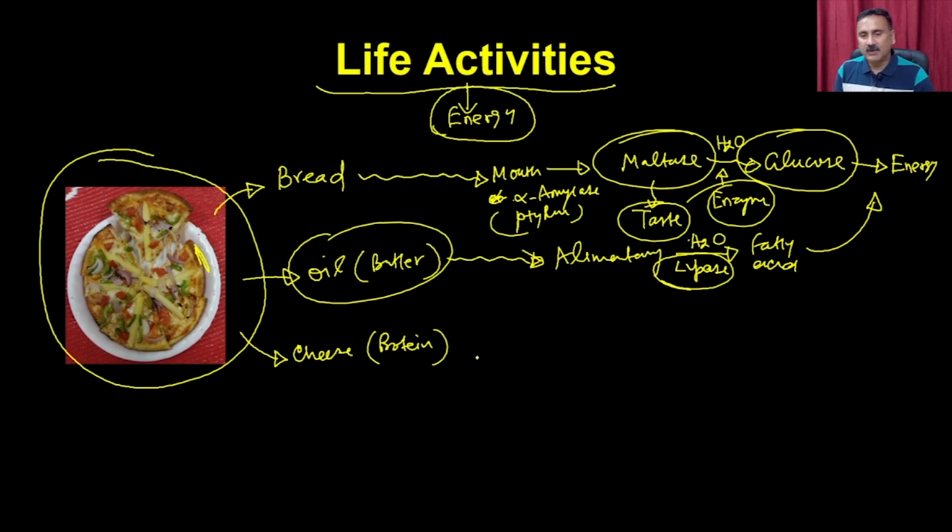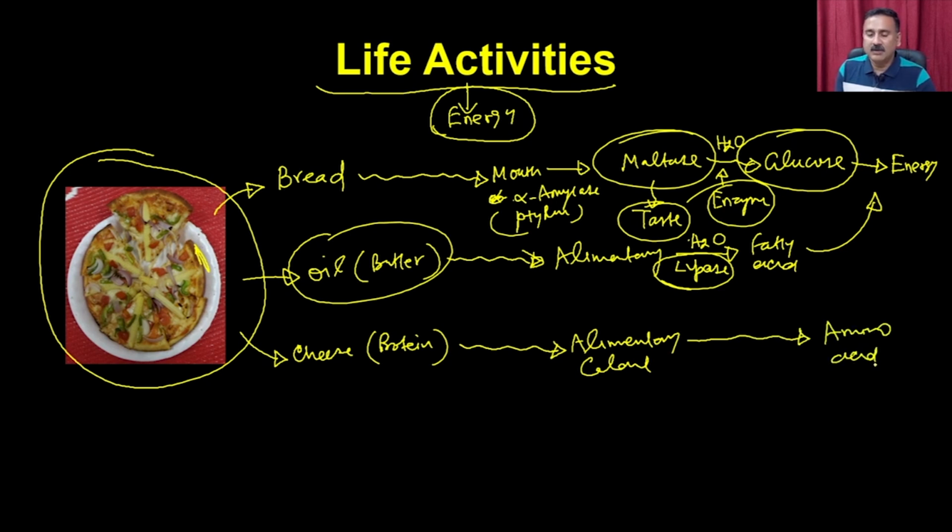And then we also have the proteins, right. Proteins also enter the alimentary canal and get converted into amino acids. In general, amino acids are not used for energy production, but they are part of building the body, which means they are building blocks.